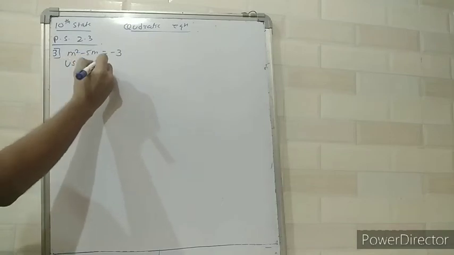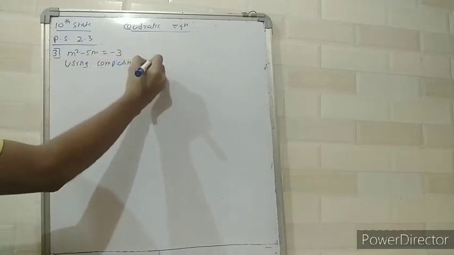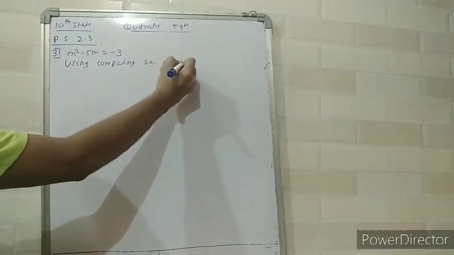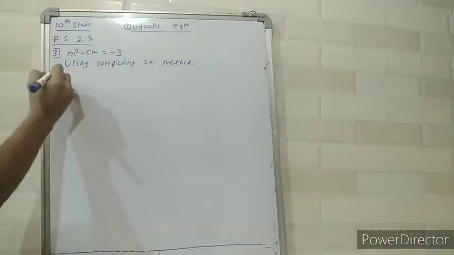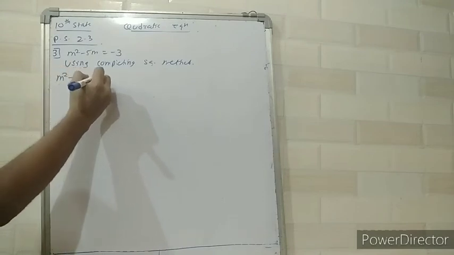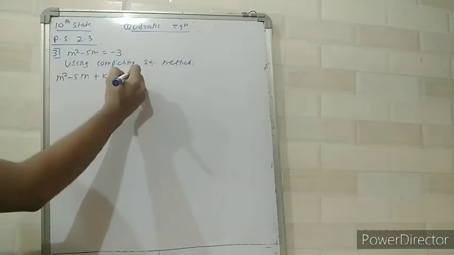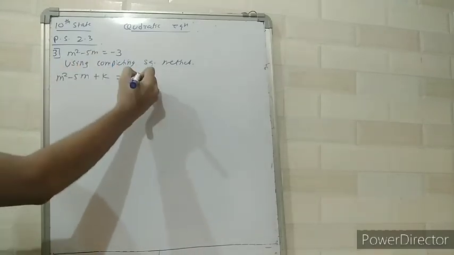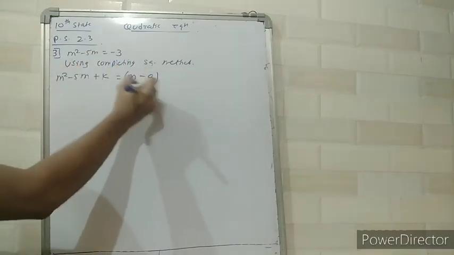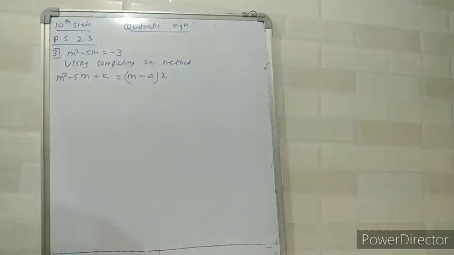Using the completing square method, I will have m square minus 5m plus k is equal to, m square means it is m minus a the whole square. After adding k, it will be some perfect square. That is this completing square method.